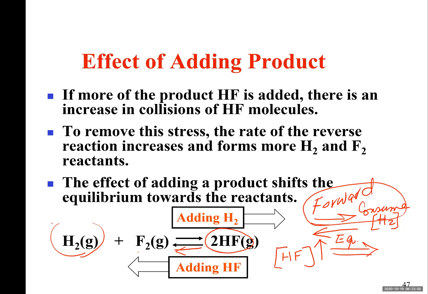And that's what equilibrium likes to do. We increase the concentration of HF, equilibrium has to shift to a direction to decrease the concentration of HF. Therefore, it's going to shift to the left. That means the reaction is going to be reversed. By adding HF, the reaction would be going back to the starting material. Okay.